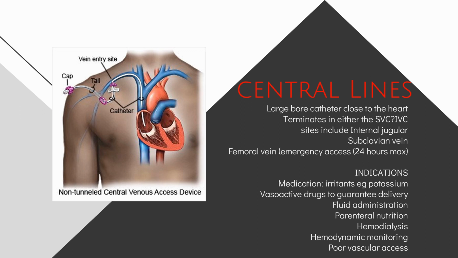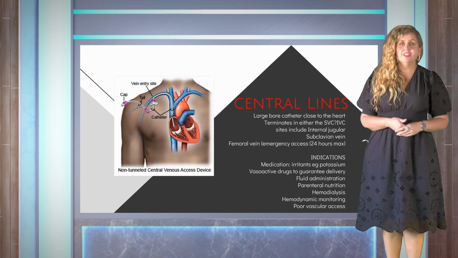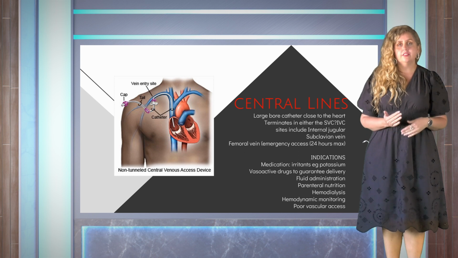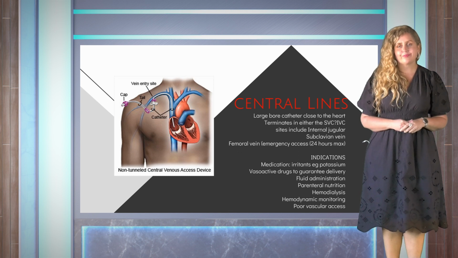We also don't prefer femoral access because it's a dirty area and it's not good for CLABSI or sepsis. But sometimes in an emergency and when a patient is periphery shut down, that's the only option you have, and it must then be used. But once the patient is stabilized, they say within 24 hours, we should move it to a better site.